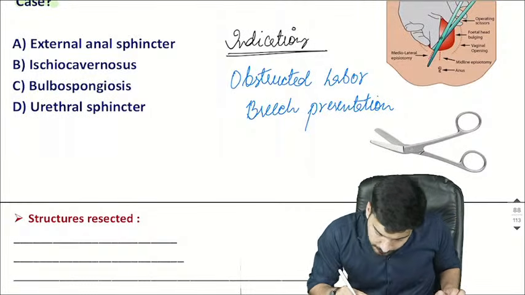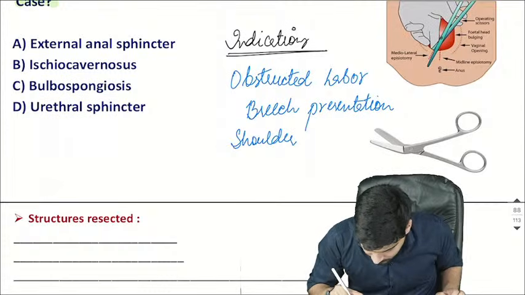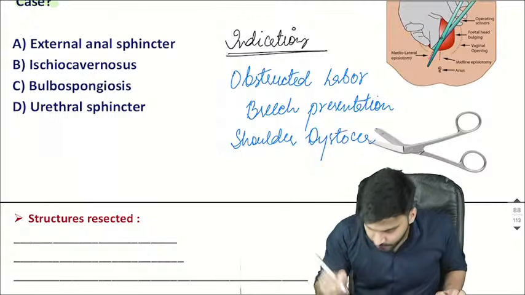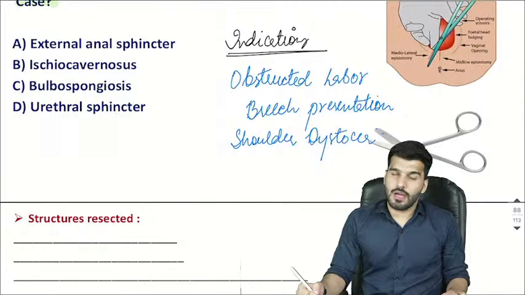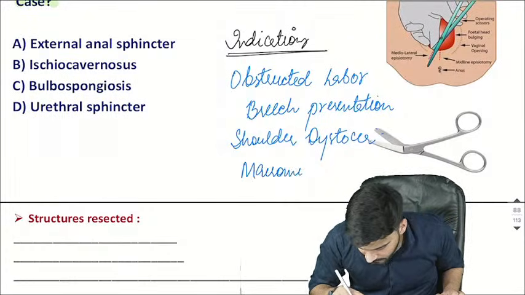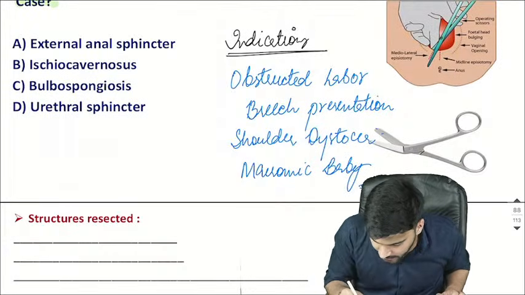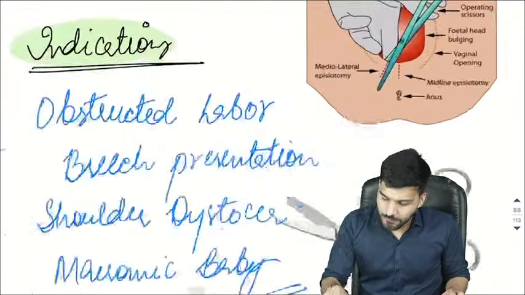Followed by that, if we have shoulder dystocia, that means delay of the delivery of the shoulder more than 1 minute after the delivery of the fetal head, or if there is a macrosomic baby. These are all the indications of the episiotomy.